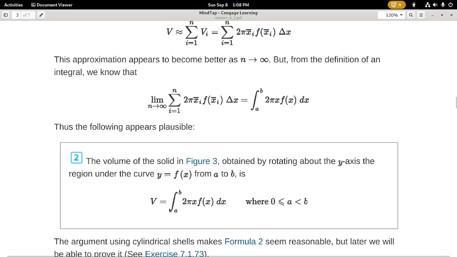You get that volume, and then you quote unquote add up all the volumes. You integrate the volumes, 2 pi x f of x dx. That's how we compute it.